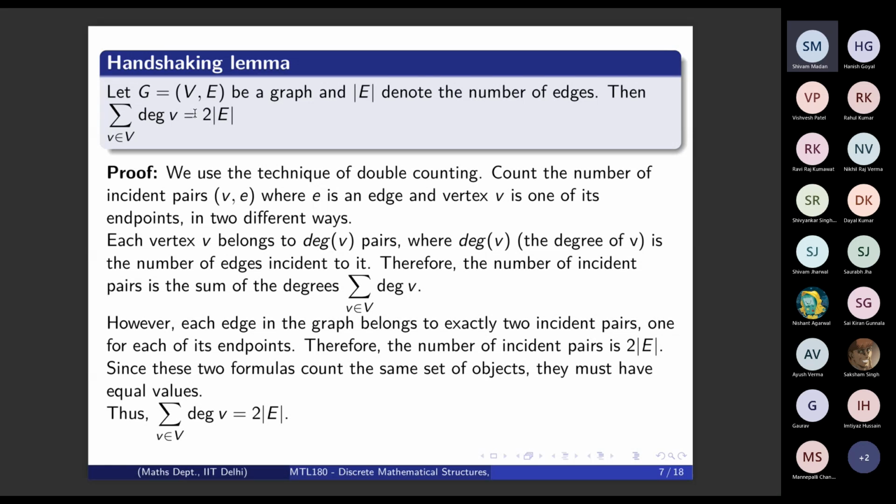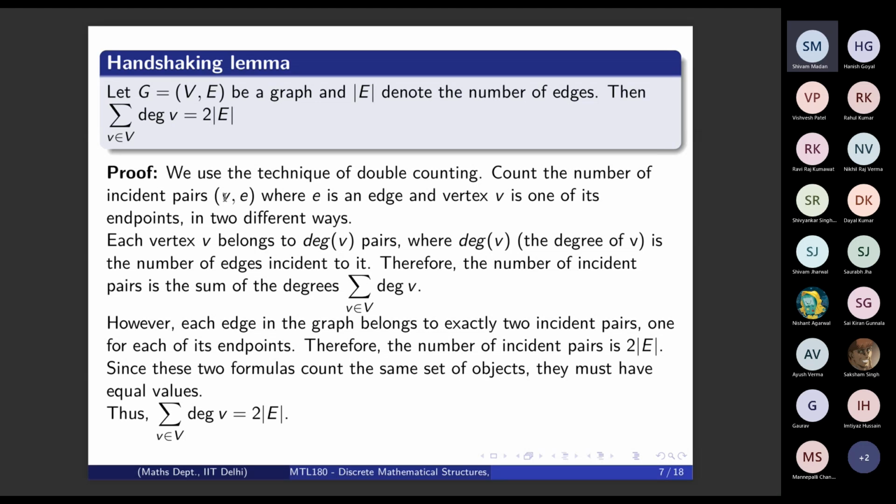Now this proof is very simple. What we will do, we will just count all the pairs V comma E where V is a vertex of E. We count all of these pairs in 2 different ways. We first count V, how many V are there. Obviously the number of vertices, and for each vertex V, how many E are there, it is called the degree of V, right?